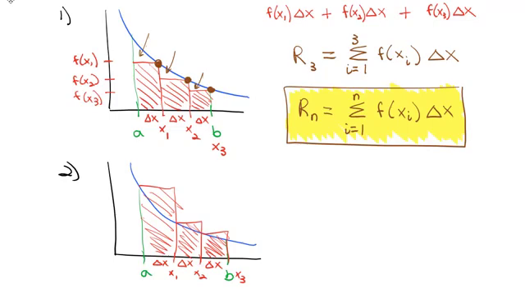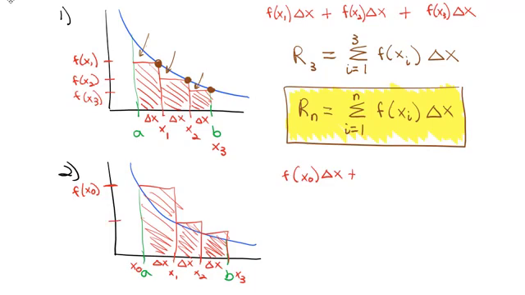And really similar, this time though, our first point for our height starts over here all the way on the left. We'll call that x0. We'll call that height f of x0. So we're really doing f of x0 times the width of delta x.